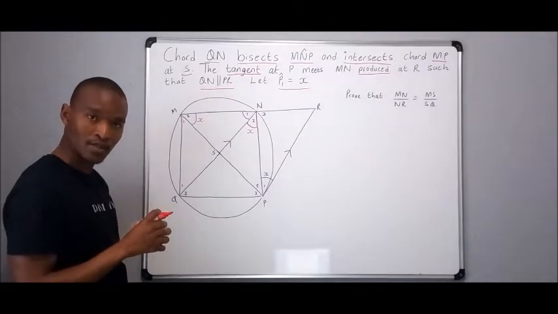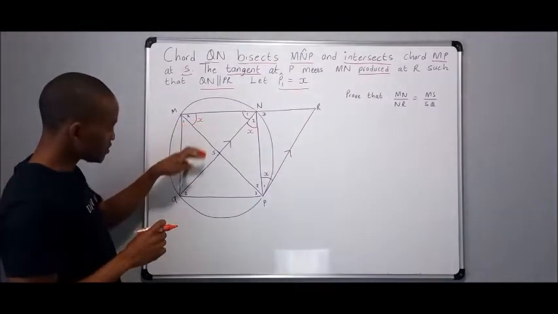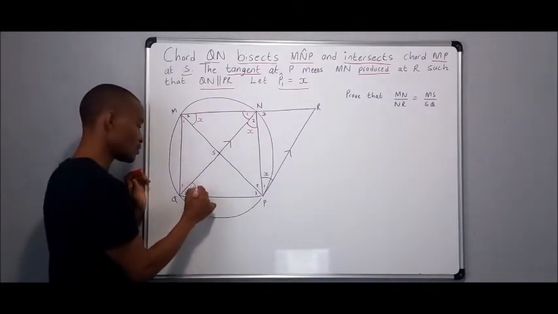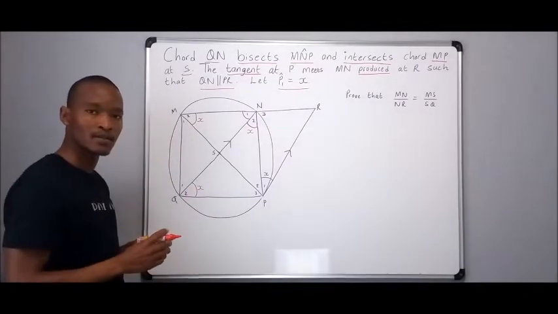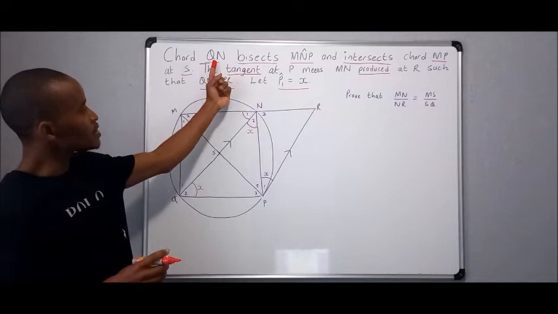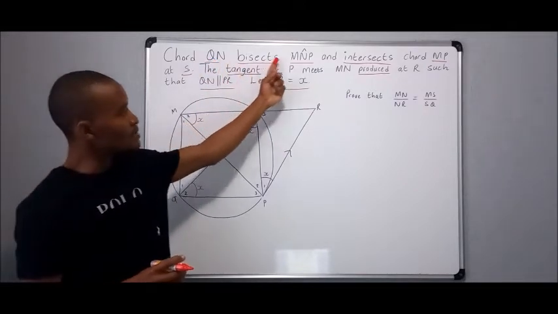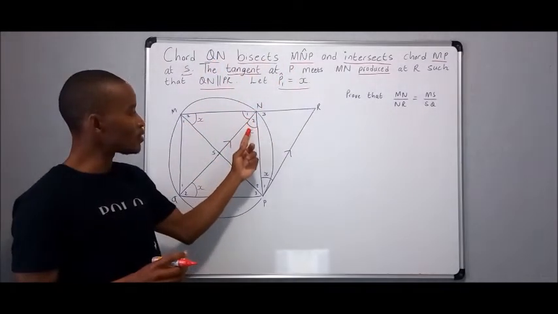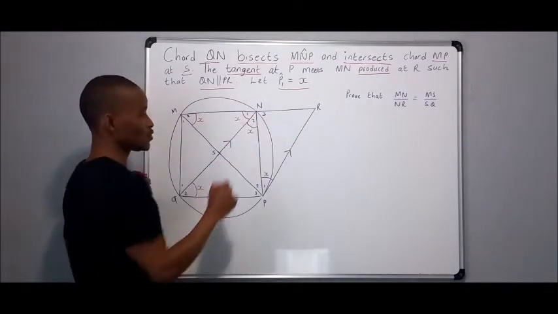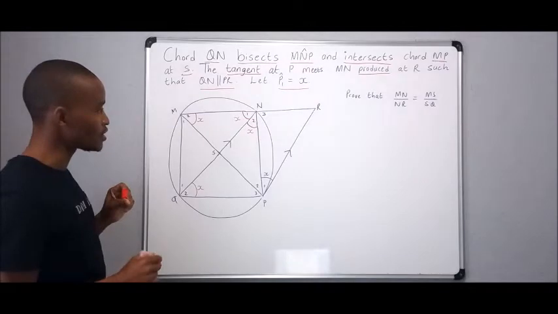That's quite obvious to see, meaning that angle M2 is equal to angle Q2. What is the reason? Angles in the same segment. However, in the beginning, we said QN bisects MNP, angle N1 equal to angle N2. So it was given like that. Hence, this will be X as well.